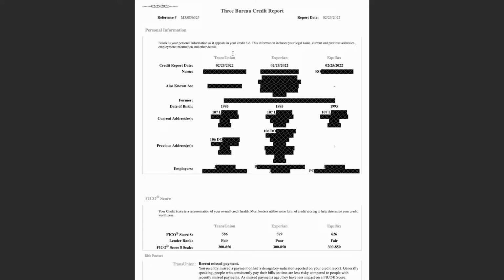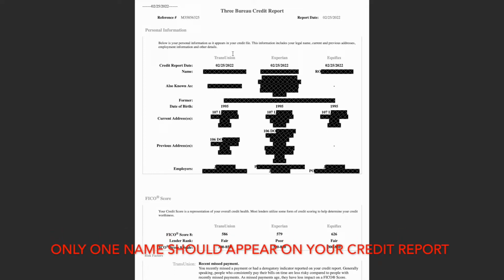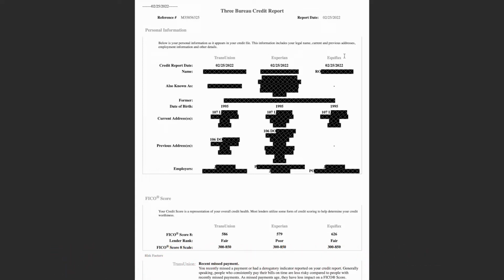You want to make sure there are no extra commas or apostrophes. You want one name across the board that is the same, matching across the three major credit reporting agencies. Now, you also see down here, "also known as." With this column, you want to make sure that it's blank.